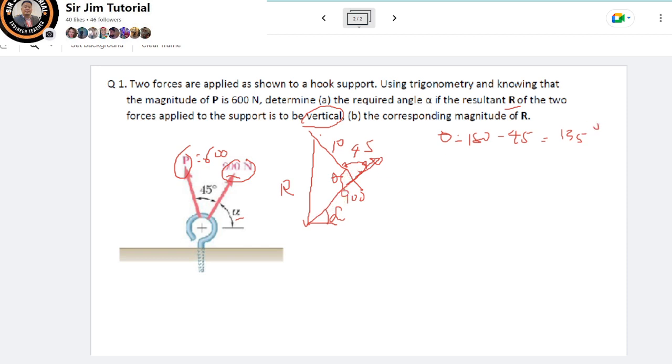Now the question is to compute for resultant. So R by cosine law, we can compute R squared is equal to, we can use first this line, it's P, which is equal to 600. 600 squared plus this side is 900 squared. Let me just clear this triangle.